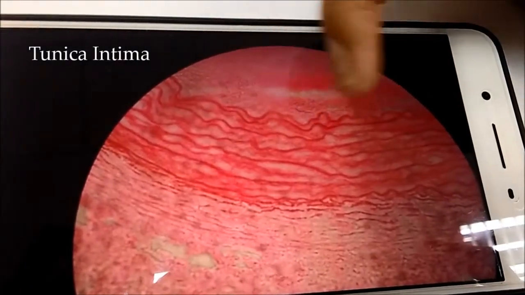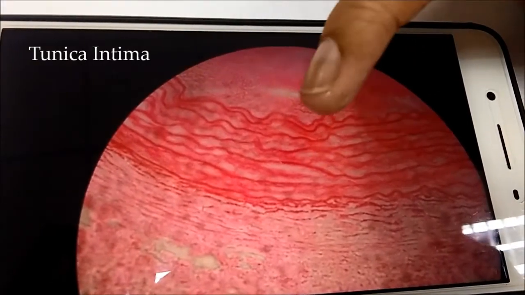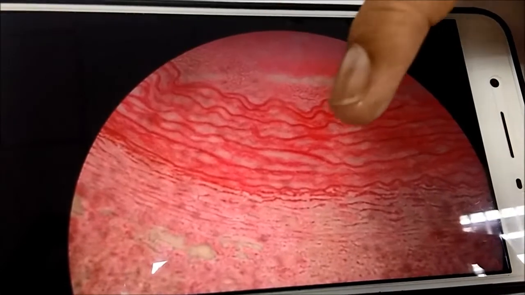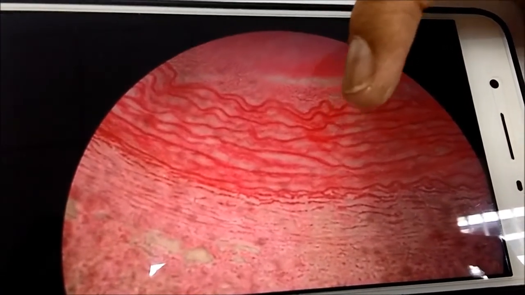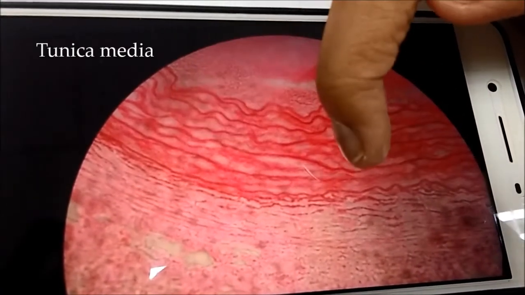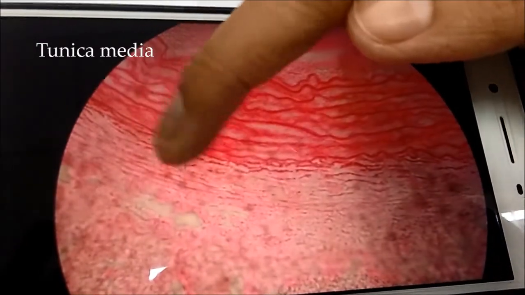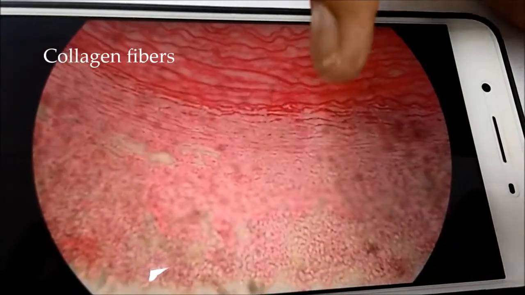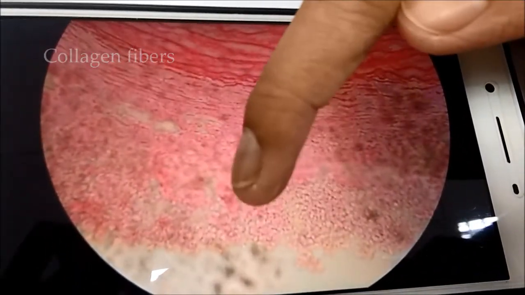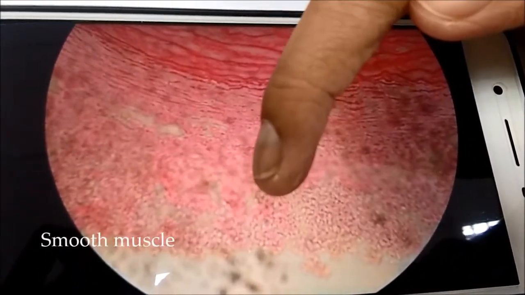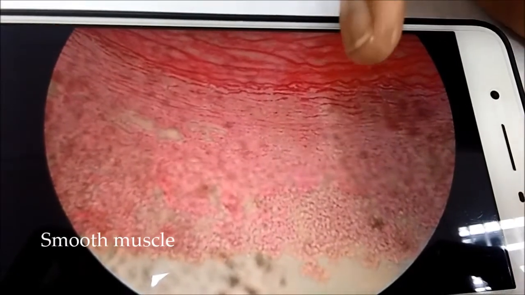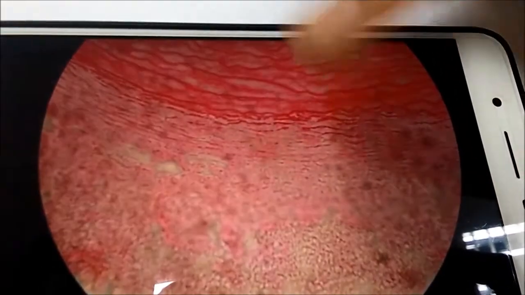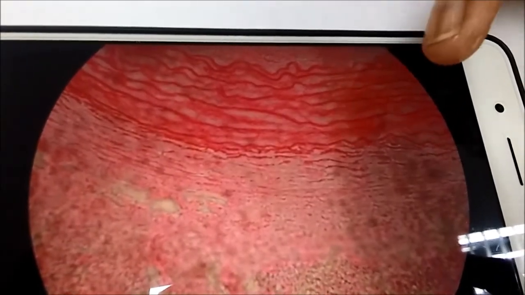The second layer below the tunica intima is the tunica media, and we can see the collagen fibers and the smooth muscle. The last layer is also known as tunica adventitia. So basically this is the artery.